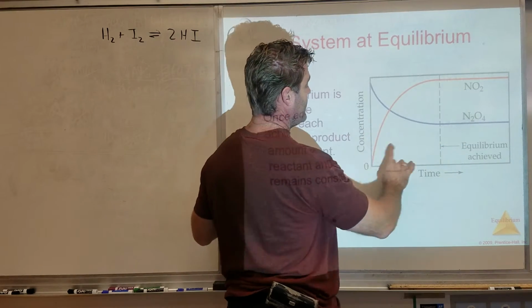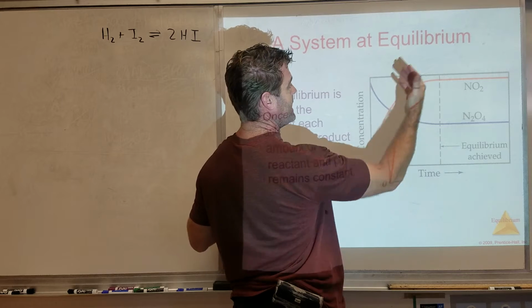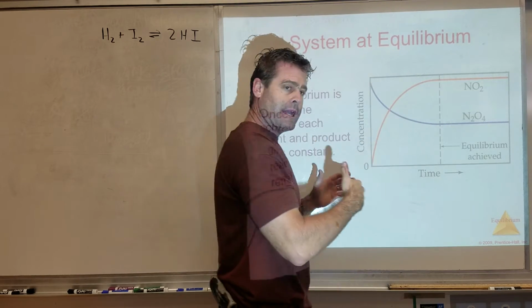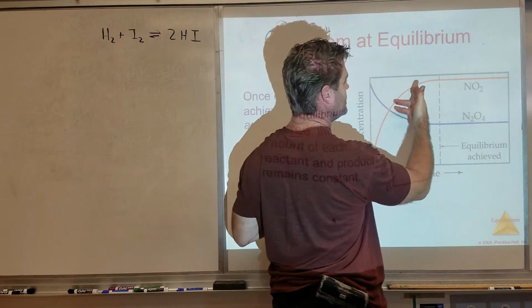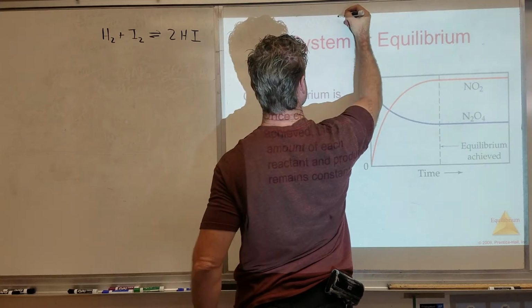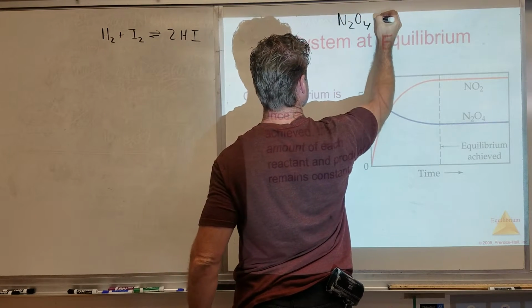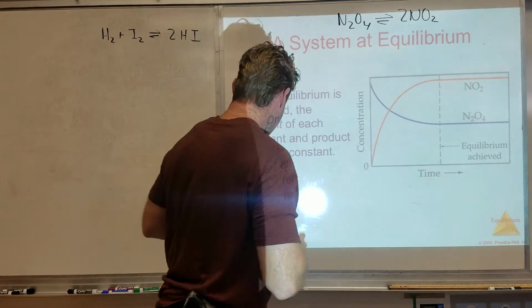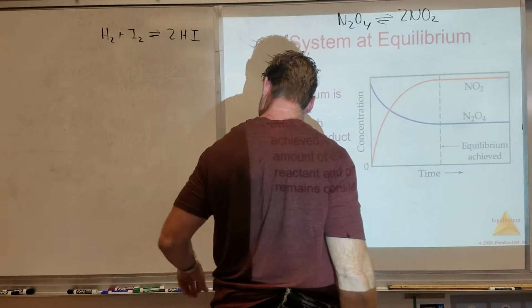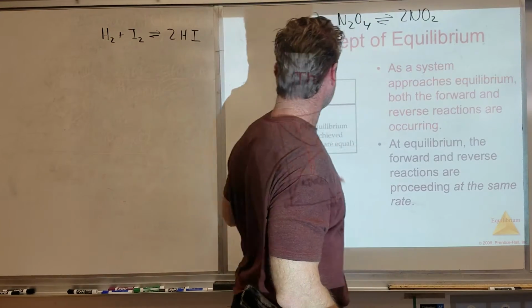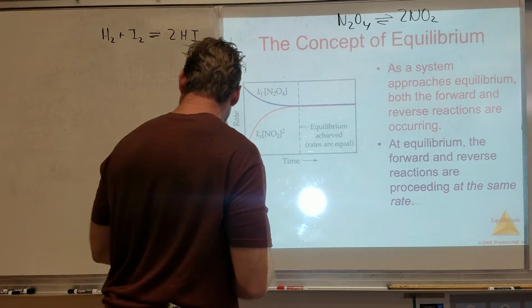As that reaction was progressing, wasn't the NO2, which was the product, its concentration increasing as more and more N2O4 broke up into NO2? But then, when you think about it, eventually we reach equilibrium, where the rate of the forward is equal to the rate of the reverse. And if that's the case, wouldn't you guys agree?